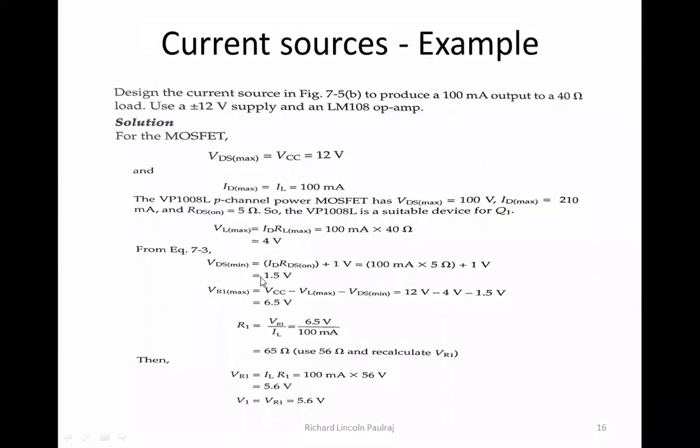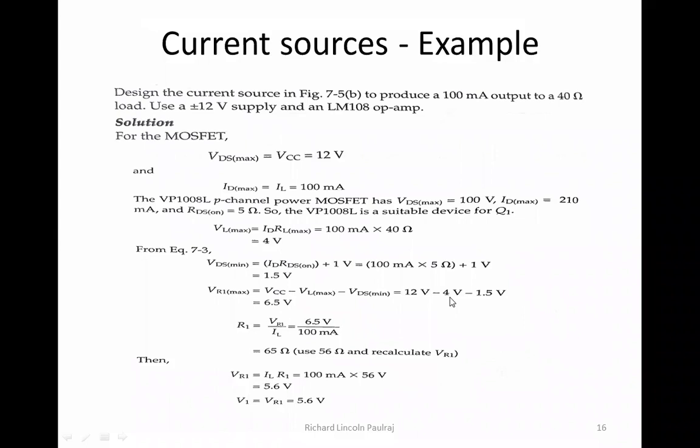So VDS max or VDS minimum, we got 1.5 volts, and VR1. Okay, so what is the maximum voltage that can pass through? So VCC is 12 minus VL max, we have it as 4. From here I've got 4, right? Previously calculated the load voltage maximum, right?